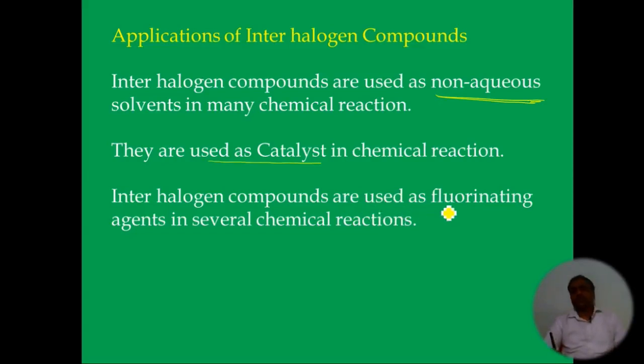So these can be used for the fluorination of different organic compounds, different inorganic compounds, etc. Because we have seen uranium compounds can be easily converted into uranium fluorides by using different interhalogen compounds of fluorine.